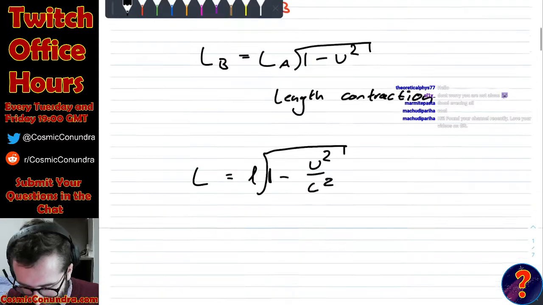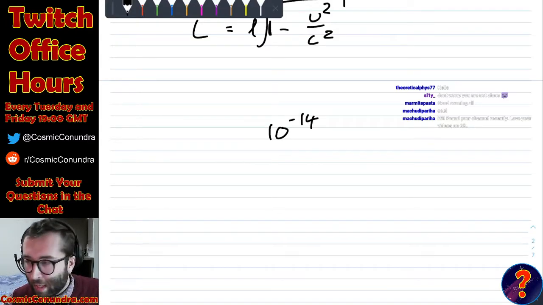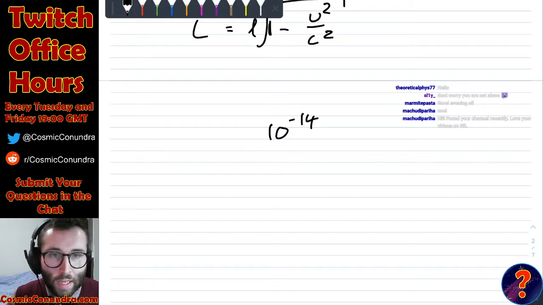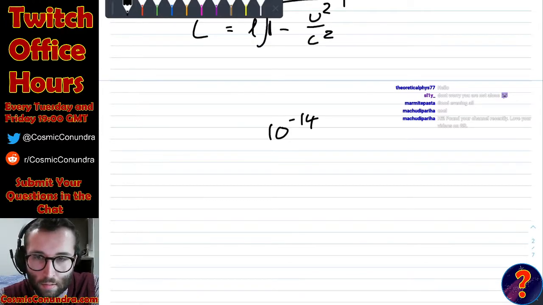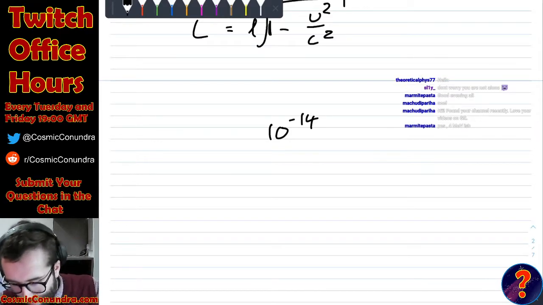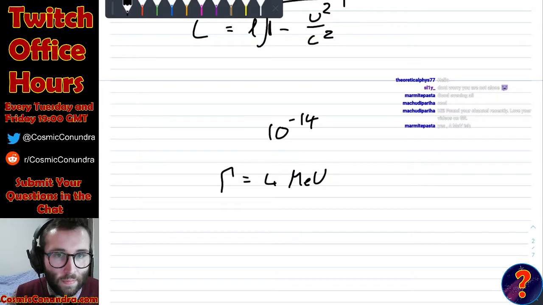If I'm correct, for the first one where you got something like 10 to the minus 14, you probably took the decay width of the Higgs boson, which, the thing I find is that the total width is around 4 MeV. That's what I find for the decay width.